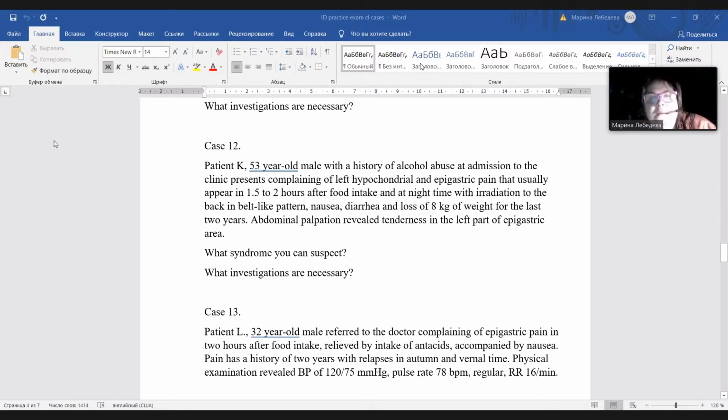And we are interested in parameters responsible for bleeding, hemoglobin and hematocrit, because such pain may also be according to peptic ulcer disease in duodenal zone or in epigastric or both. This is the answer to this clinical case. Questions, colleagues?